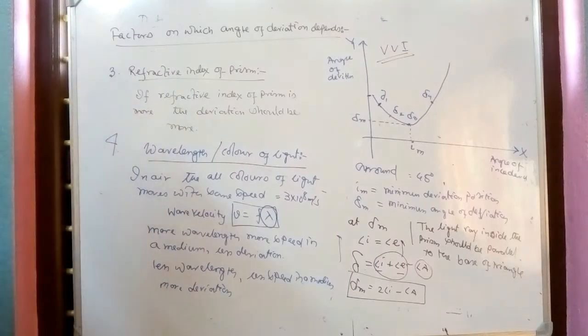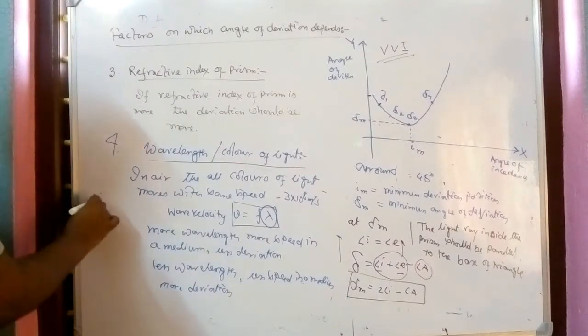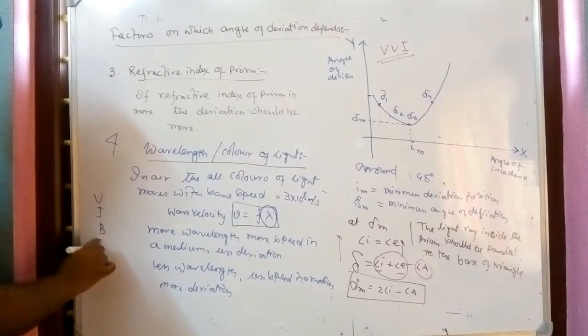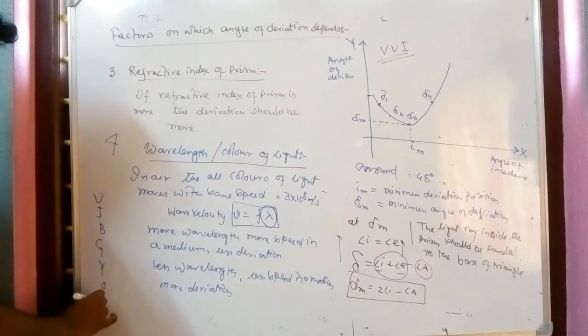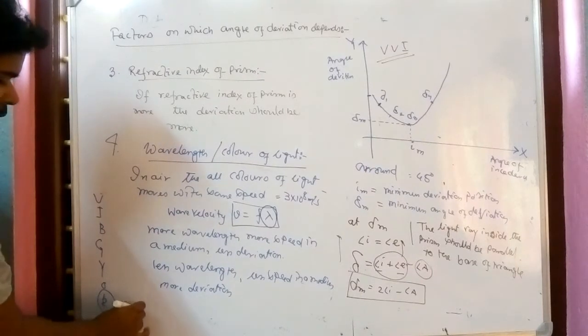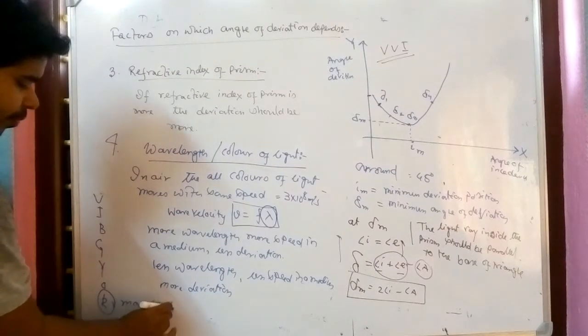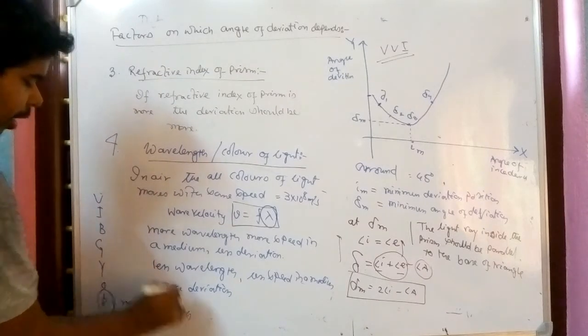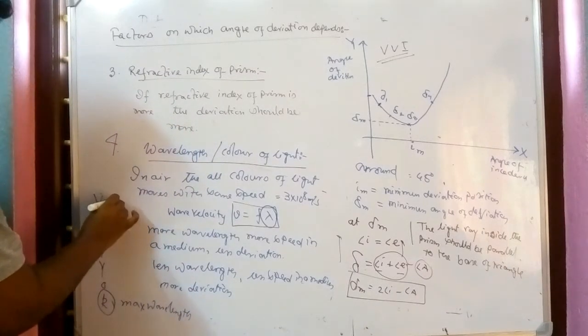Okay, if I'm talking about that different colors, that is VIBGYOR, we all know the red has maximum wavelength and violet has minimum wavelength.